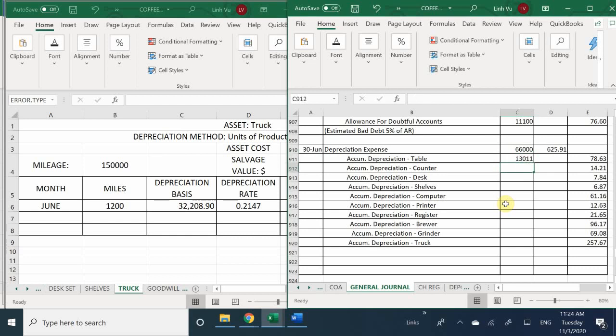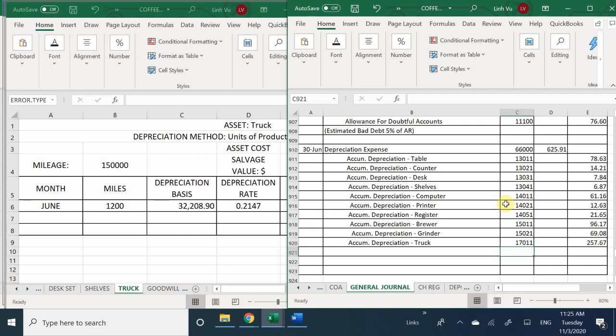Then 13021. 13031 for the desk. Okay, 13041. And 14011, 14021, 14051, 15011, 15021, and 17011.